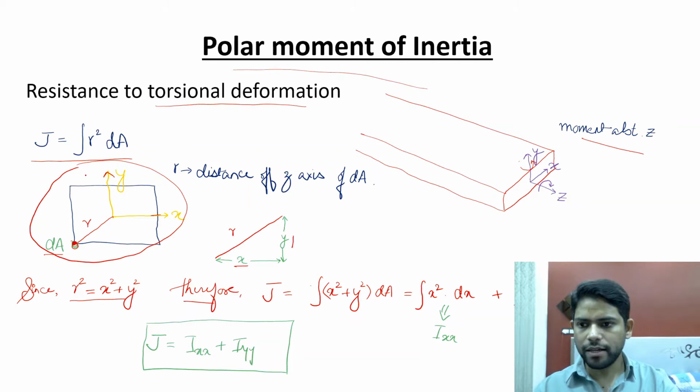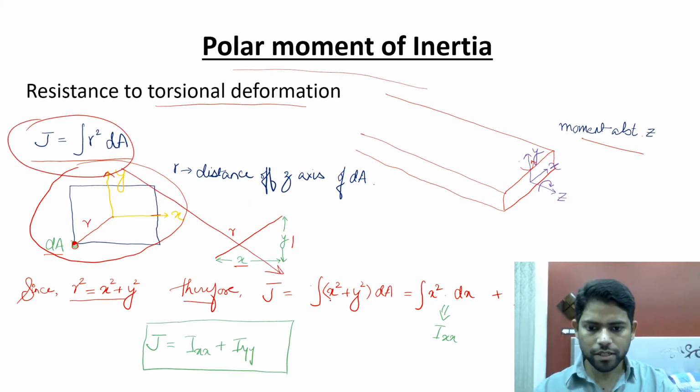Therefore, you can write this equation as J is equal to the integral of x square plus y square dA. Now, if you further write this equation in terms of dA, what is this dA? This dA is your dx dot dy.